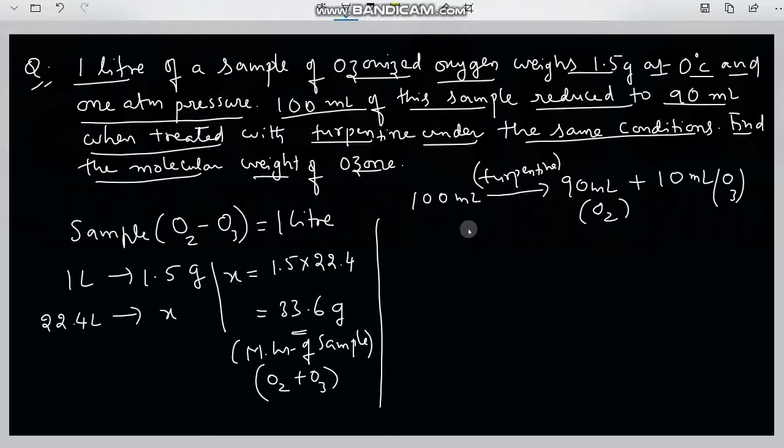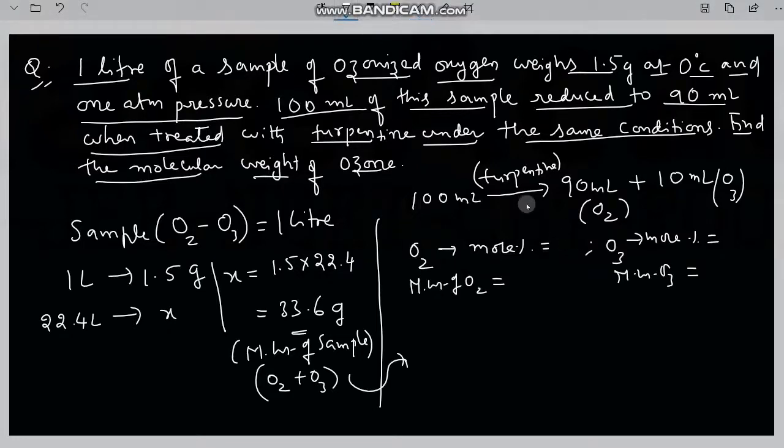So in the concept of Avogadro's law, the mole percentage of oxygen is 90 and the mole percentage of ozone is 10. We know the molecular weight of oxygen is 32, and the molecular weight of ozone we don't know, so assume it is X. The molecular weight of the sample, 33.6, will equal the mole percentage of each into its molecular weight divided by 100.